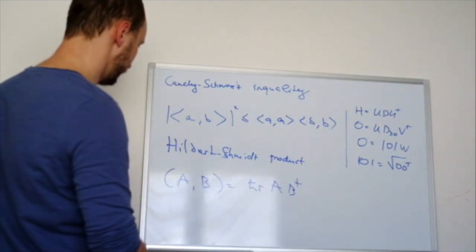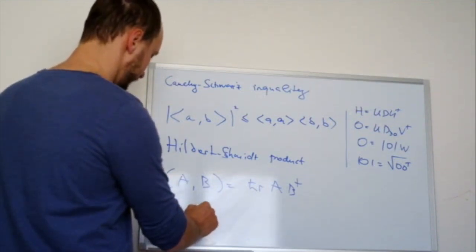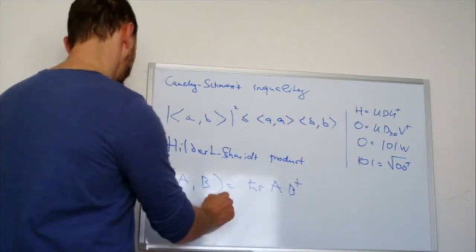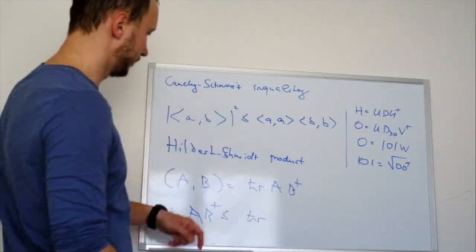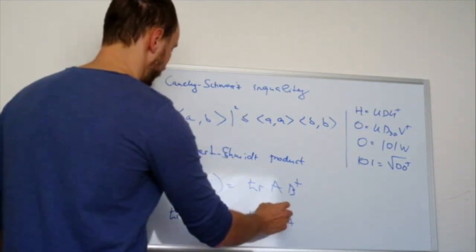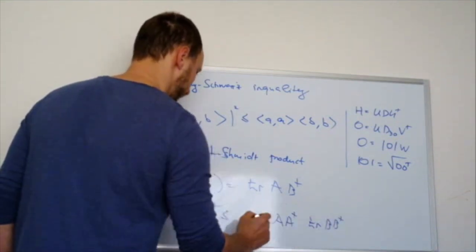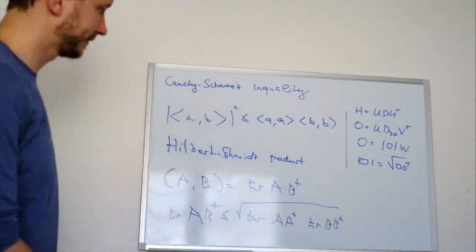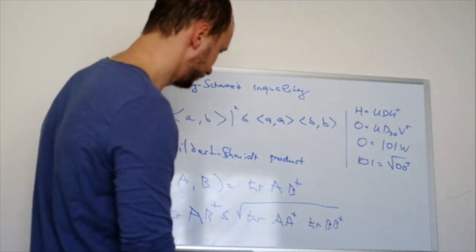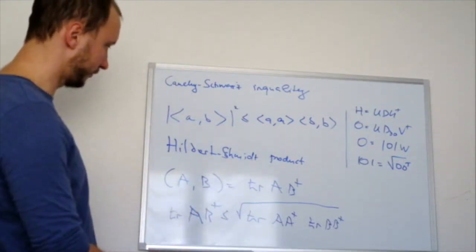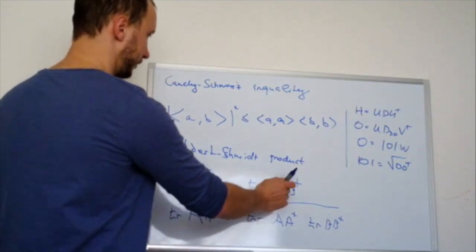Basically, we get that the trace of A B conjugate is smaller or equal than the square root of the trace of A A dagger times the trace of B B dagger. Okay? Are you still here? Of course, I can also use the inner product of B with another operator, which is just the adjoint.